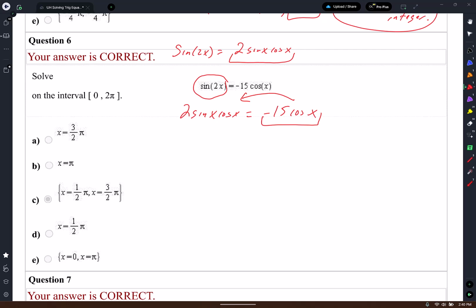It's a lot easier to analyze functions when they equal 0. 2 sine x cosine x plus 15 cosine x equals 0. Are we still okay? What can I factor out from these two terms? A cosine x. So you're going to have 2 sine x plus 15 equals 0.